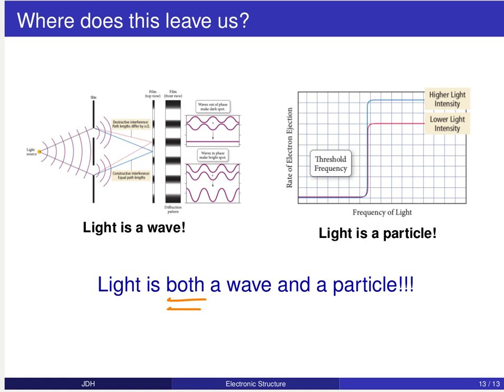But what these two experiments are telling us is that when you zoom in on these submicroscopic levels, to the quantum level, these common sense notions fundamentally break down, and we need to start thinking about the world in a very different way. And so this is the first instance of that. We need to start thinking of light as simultaneously both a wave and a particle.